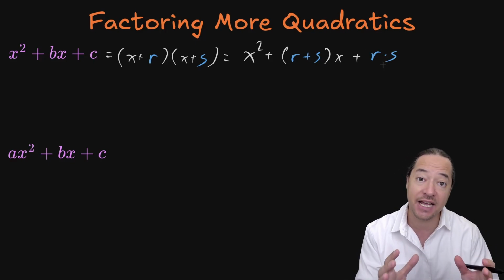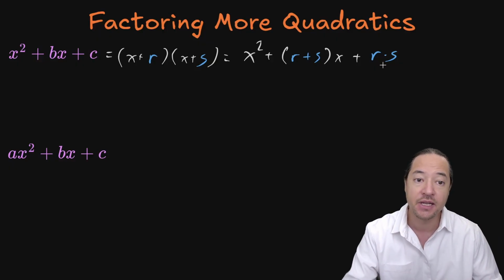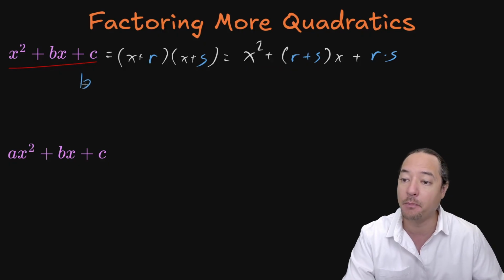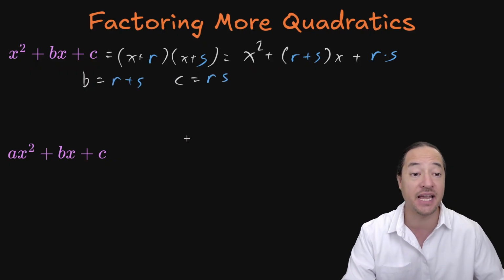That's the natural result of FOILing these two binomials together. And so comparing this expression to the original one, we can see that b is equal to r plus s, and c is equal to r times s.